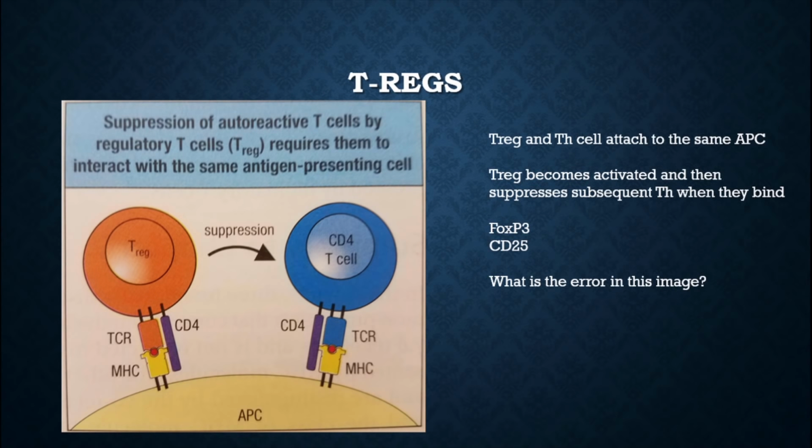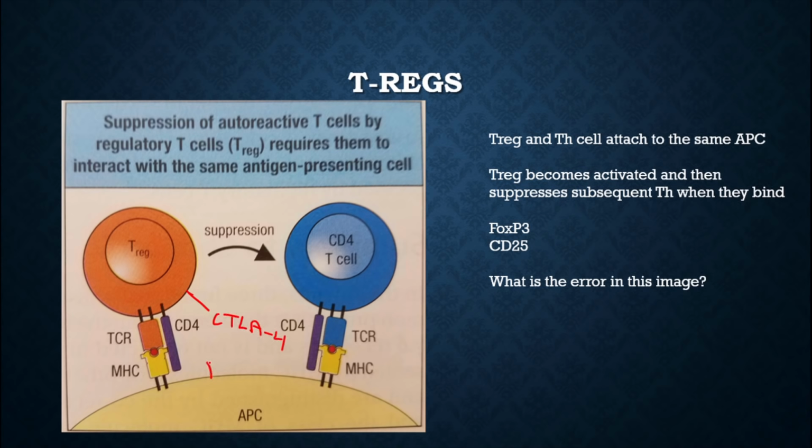All right, T-REGS. There's actually something wrong with this image. Does anyone have any idea what's wrong with this image? T-REG also needs CD25 expressed. Actually, the T-REG is going to use CTLA4.